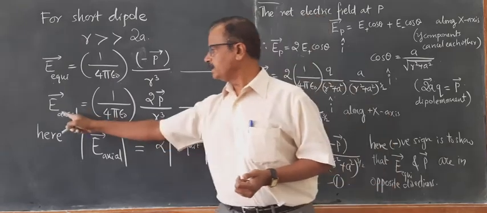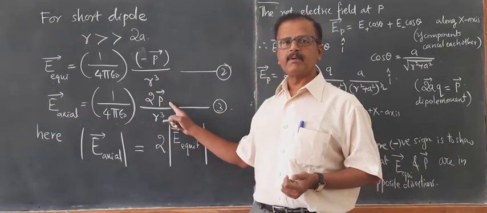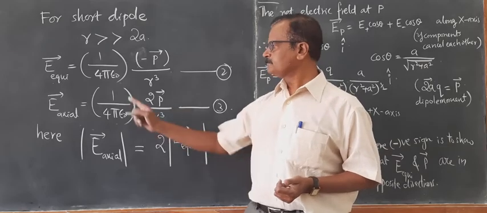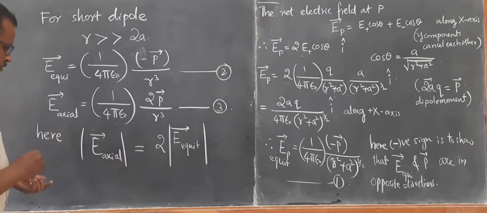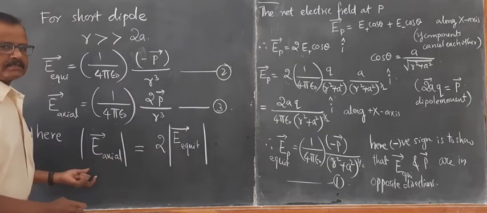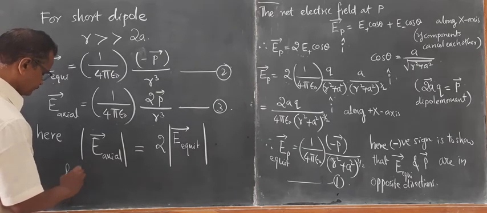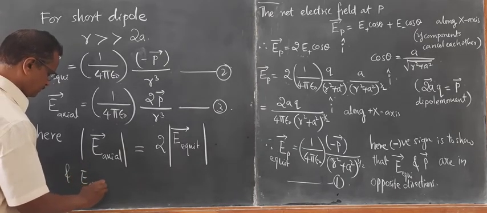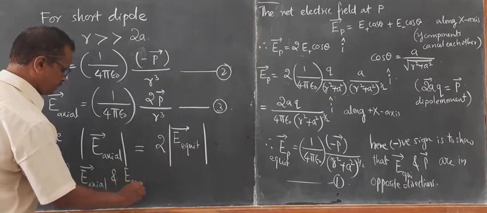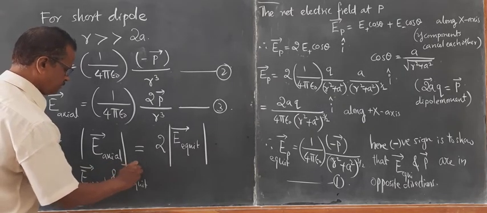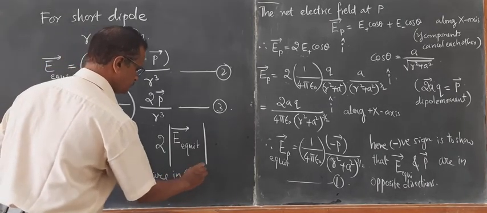And you see E axial is along direction of dipole moment p. Definitely E axial and E equatorial are in opposite direction. Their magnitudes are given by this relation. They are in opposite direction. E axial vector and E equatorial vector are in opposite direction.